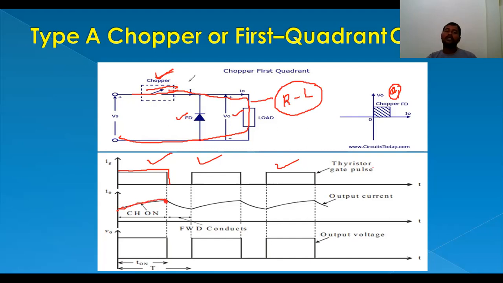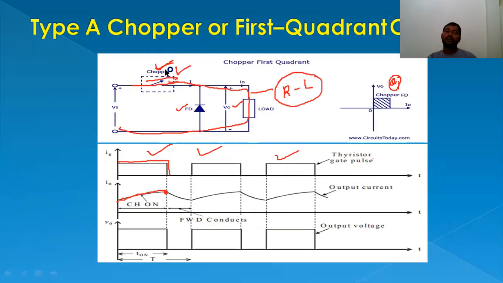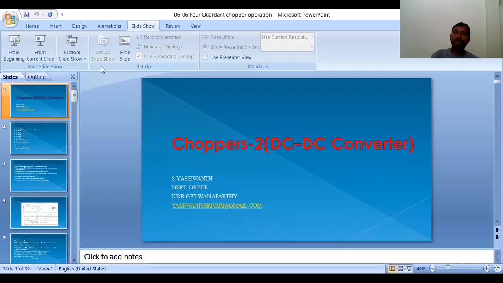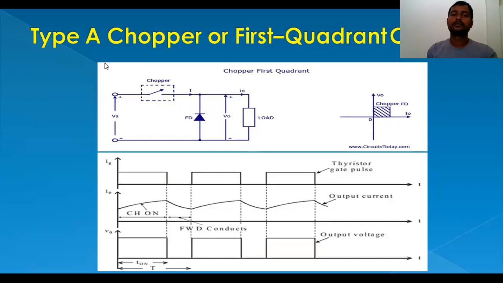If you forcibly switch off the source Vs, this is the supply voltage.